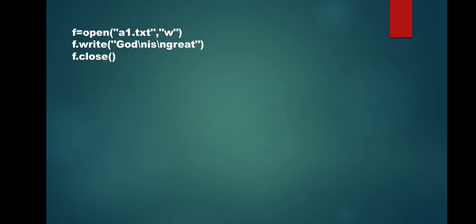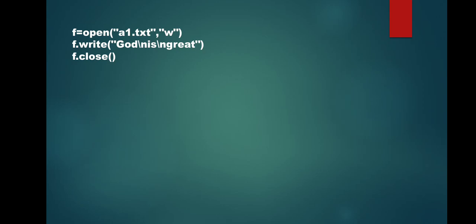Now if we look into the code that I have given you, it's written f is equal to open a1.txt, and the file a1.txt is opened in writing mode. I have written the content as God, then \n, then is, then \n, then great. So I am trying to create a text file a1.txt which contains 3 lines.